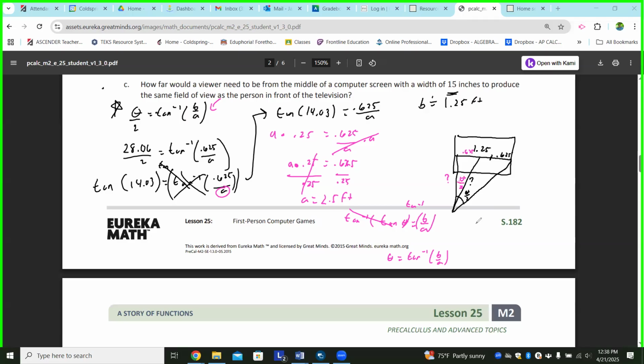So if it had said my eyes are 8 feet from the edge of the TV, I could just do theta is equal to tan inverse of b divided by a, and I don't have to change anything. But because the vector we're looking at is halfway between, I can only calculate half of the angle and then double it to find the full angle. But that's a very good question, because logically that almost makes sense, right? If we're going to halve it twice, why don't we just not halve it and give you an answer? Yes, sir. Absolutely.